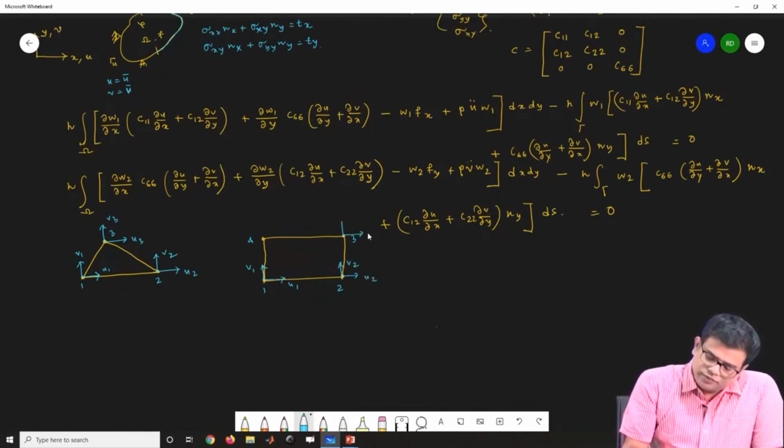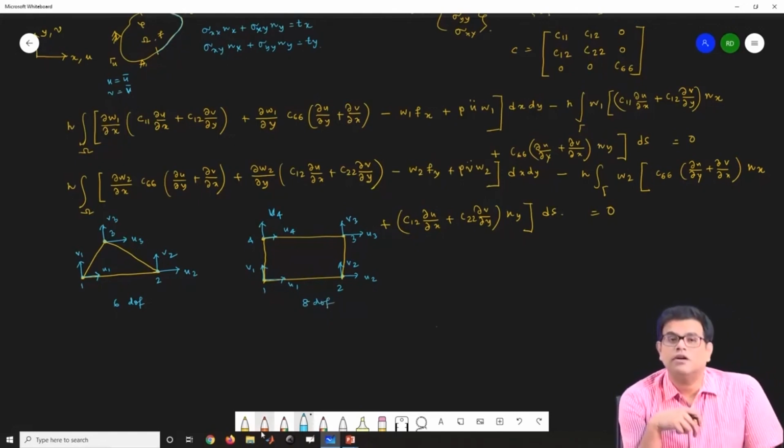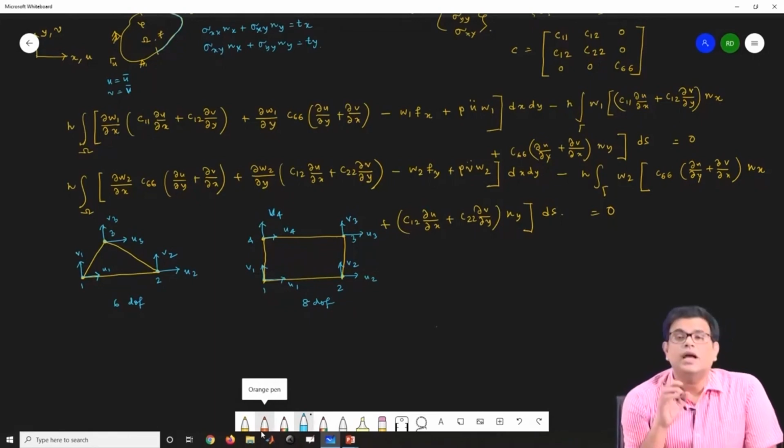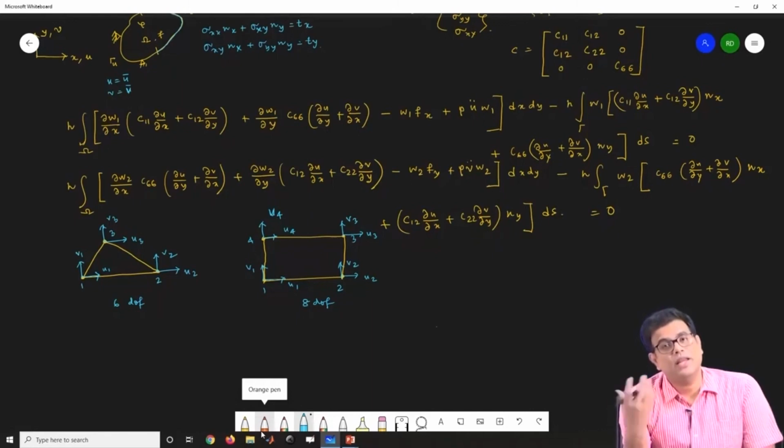Now the degrees of freedom per element for a triangular element is 6, since for each node there are 2 degrees of freedom. Similarly, the rectangular element will have 8 degrees of freedom. As we have seen from previous knowledge, the elemental stiffness matrix will be 6 cross 6 for a triangular element, and for a rectangular element it will be 8 cross 8.